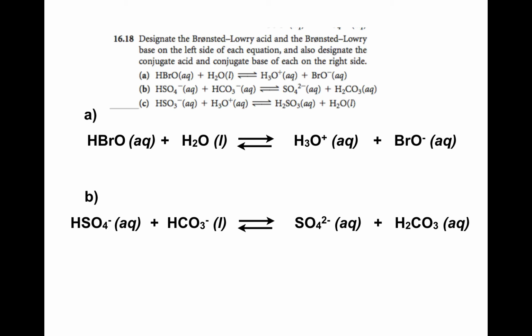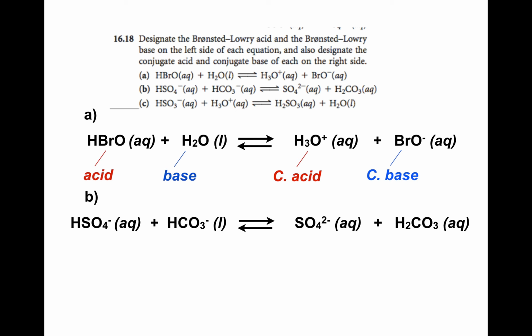Looking at A, the acid in this situation is definitely the hypobromous acid, and water's acting as the base. The conjugate acid of water is hydronium ion, and the conjugate base of hypobromous acid is hypobromite.